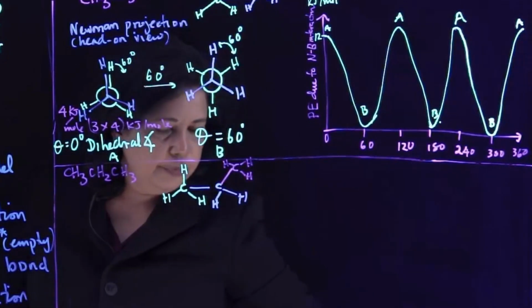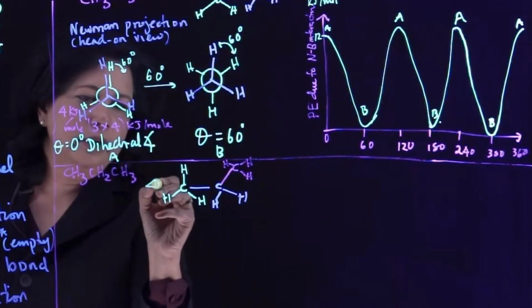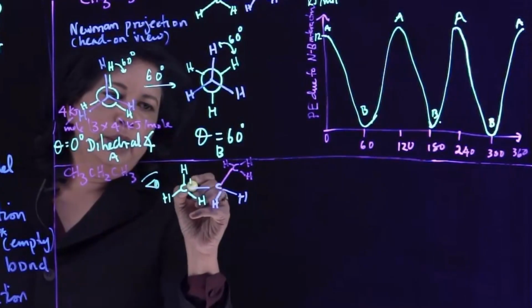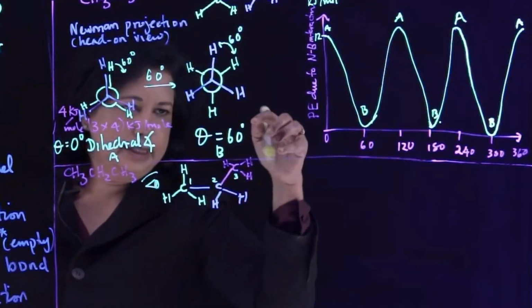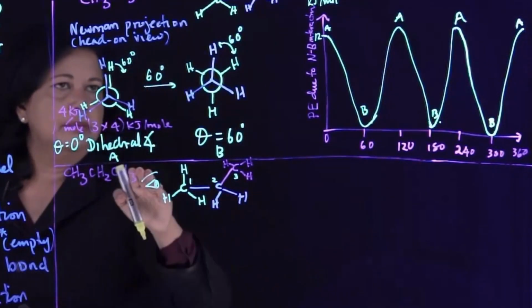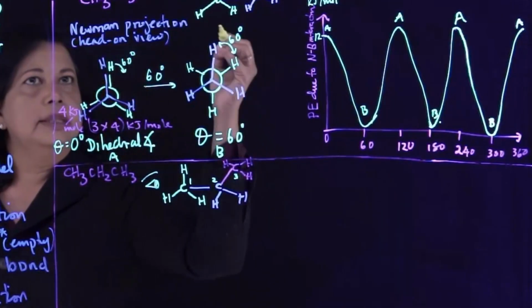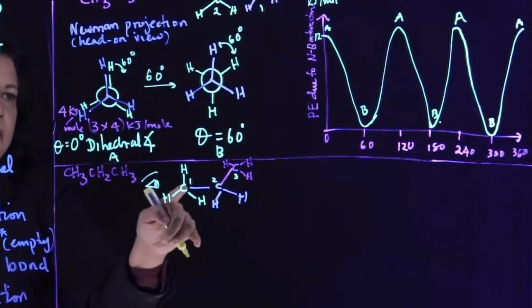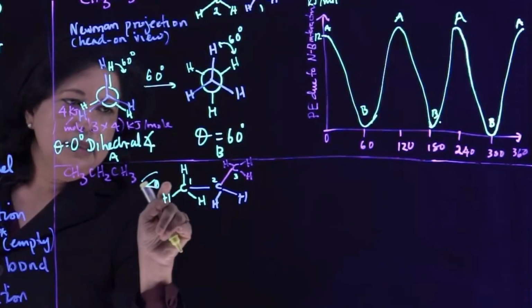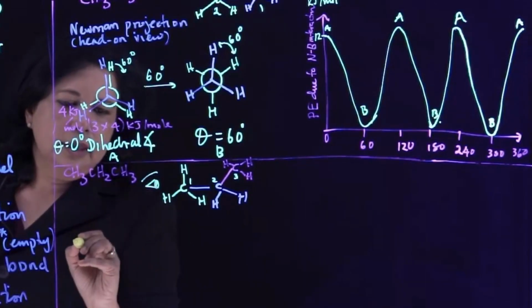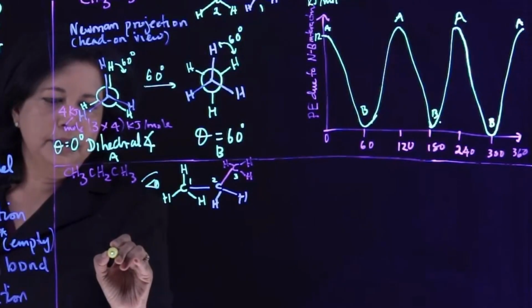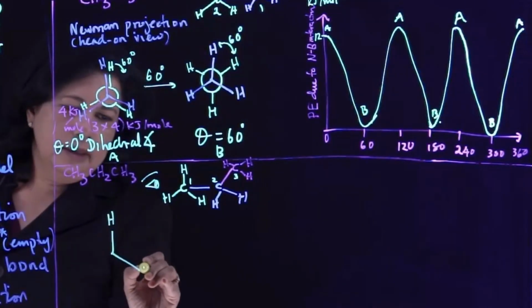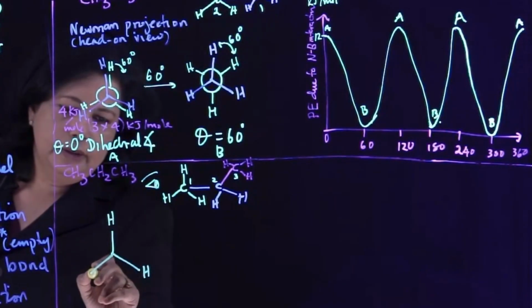So therefore, we're going to look at it head on between 1 and 2. It's the same if you look between 3 and 2, but we always try to say the lower numbers. Here, it's between 1 and 2. So this is going to be always the front carbon is your dot, and you will have a hydrogen in 3 different directions.